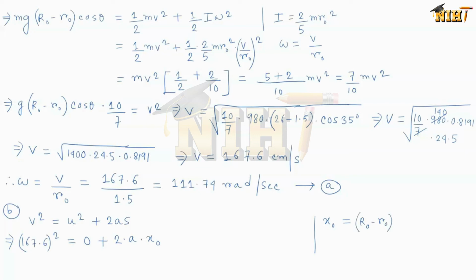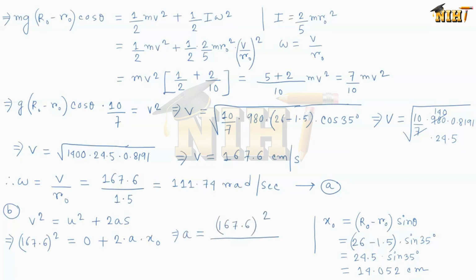Now by putting the values, we get now from here the value of a we will get divided by 2 multiply x0.